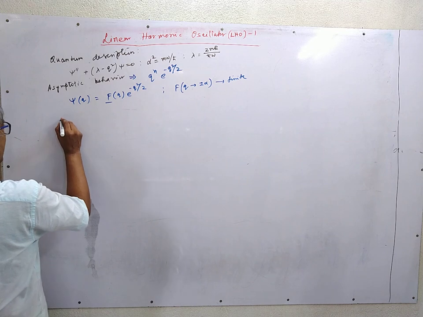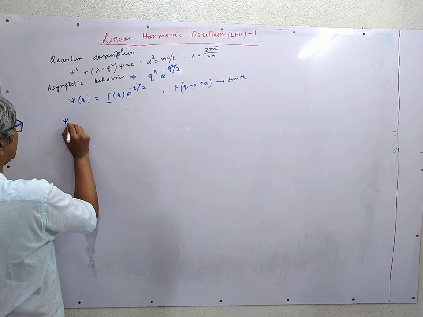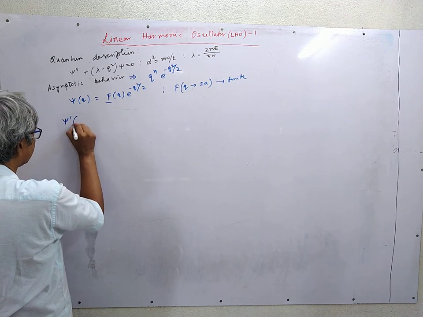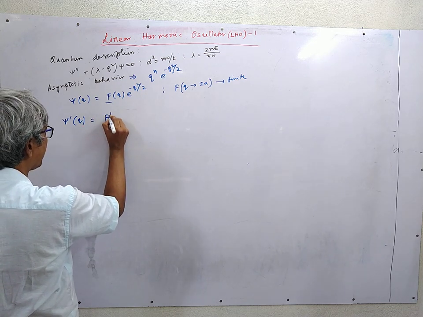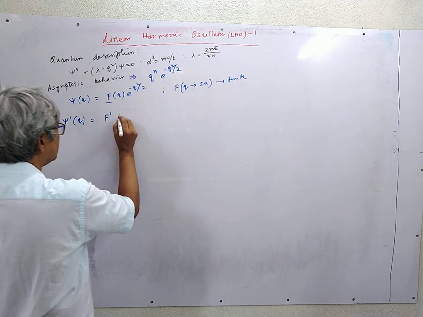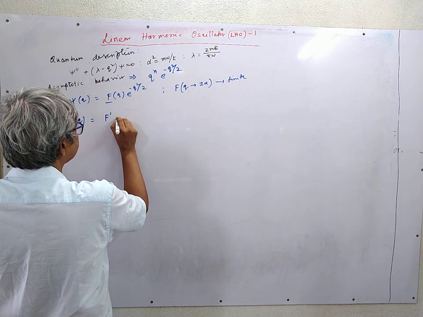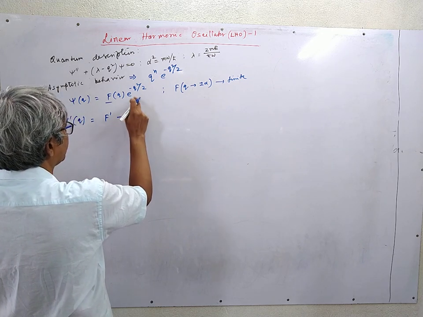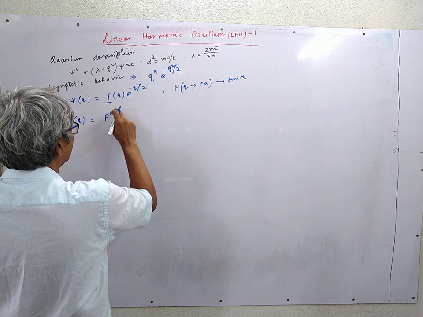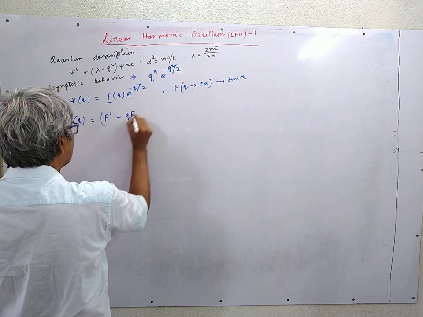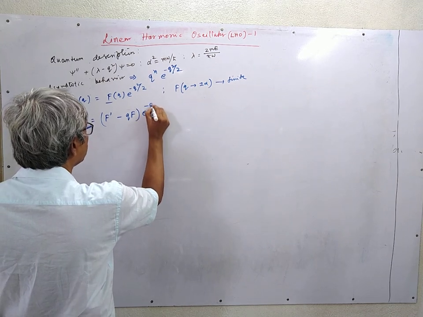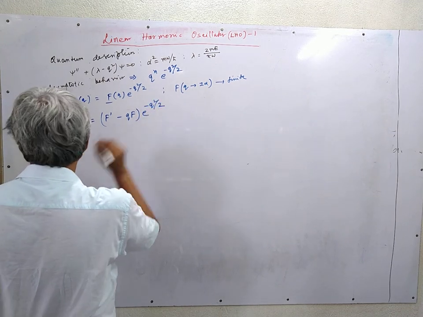In that, we differentiate this once. So we get f prime. I am omitting the argument. Then if we differentiate this part, we get minus qf e to the power minus q square by 2.